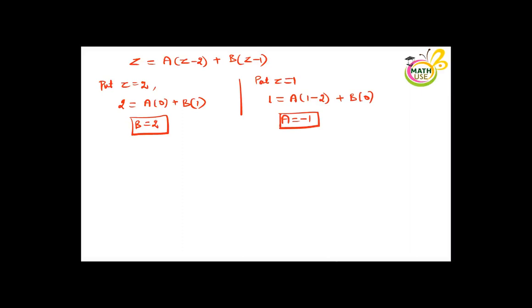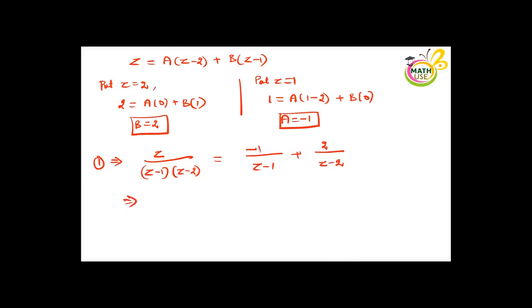Now you substitute these two values in equation number 1. So z divided by z minus 1 into z minus 2 is equal to your a value, minus 1, divided by z minus 1, plus b value, 2, divided by z minus 2.